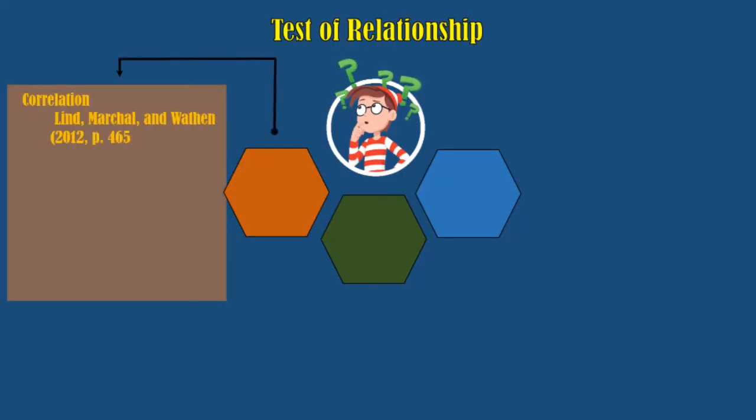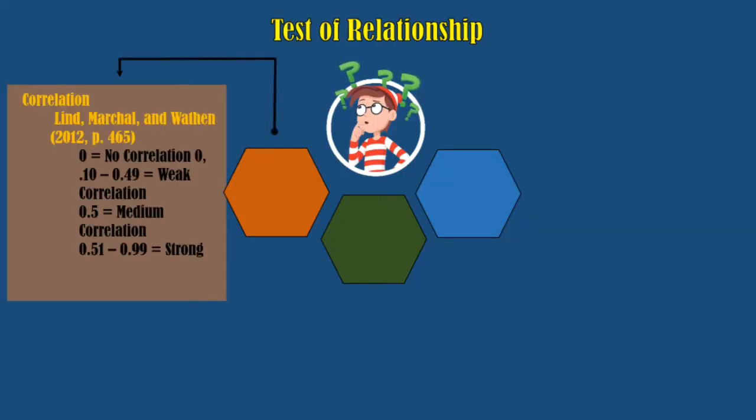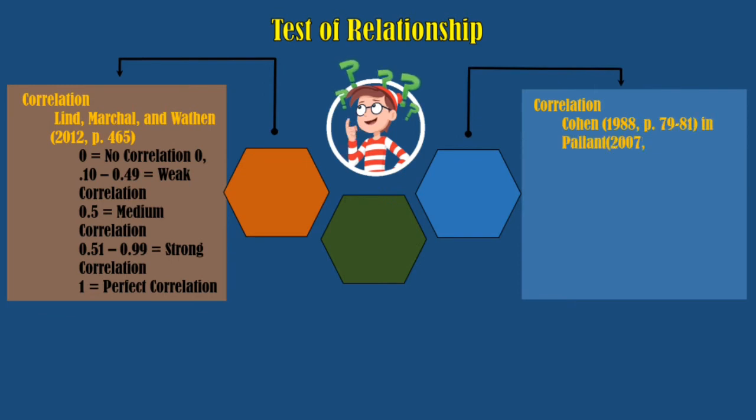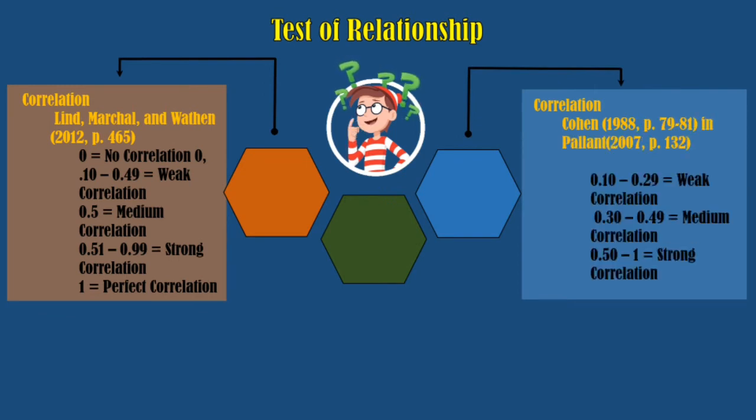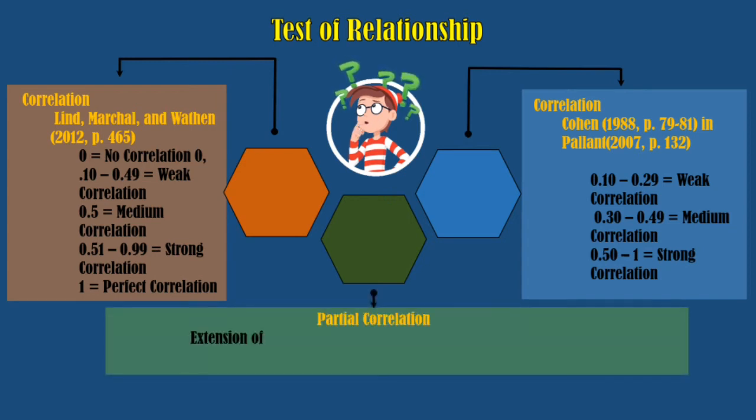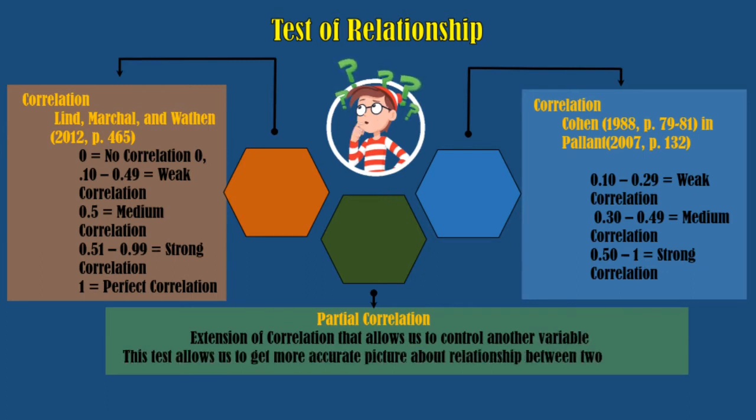Another is that of Lind, Marchal, and Wathen in 2012. The correlation is interpreted as 0 with no correlation, 0.10 to 0.49 as weak correlation, 0.5 as medium correlation, 0.51 to 0.99 as a strong correlation, and 1 as the perfect correlation.